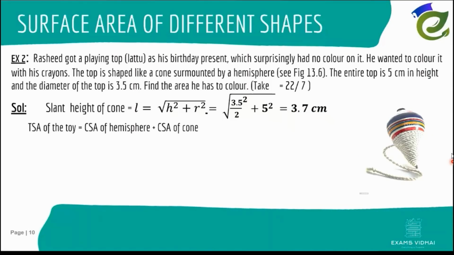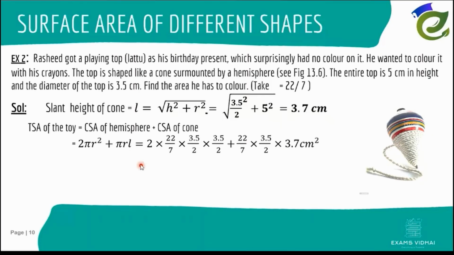In order to calculate the total surface area of the toy, we need to calculate the curved surface area of the hemisphere and the curved surface area of the cone. We know that the curved surface area of the hemisphere is 2 pi r square and the curved surface area of the cone is pi rl. So we calculate as follows.